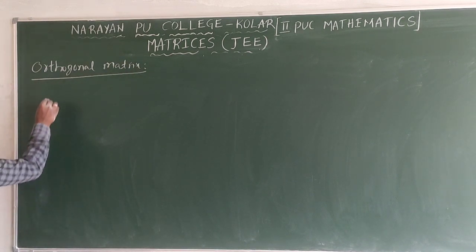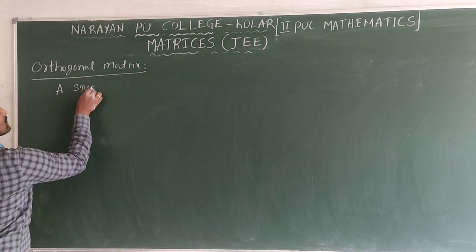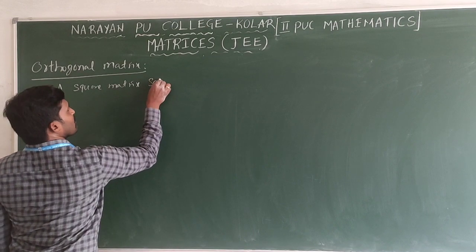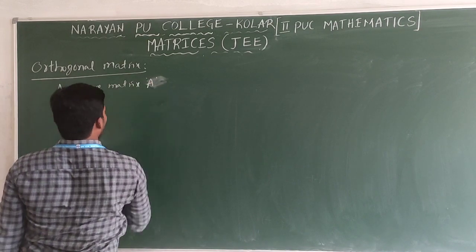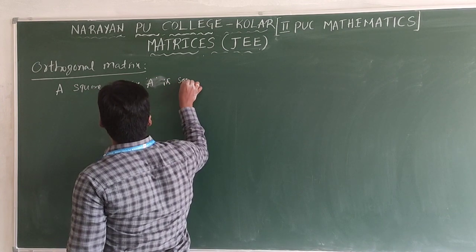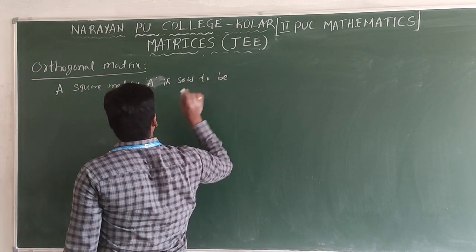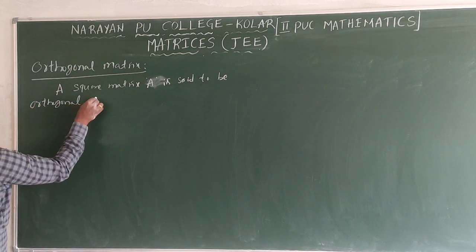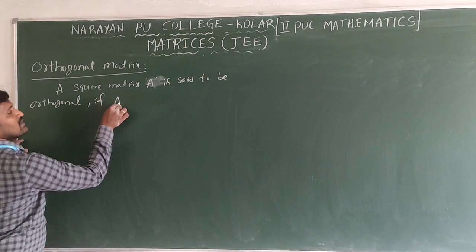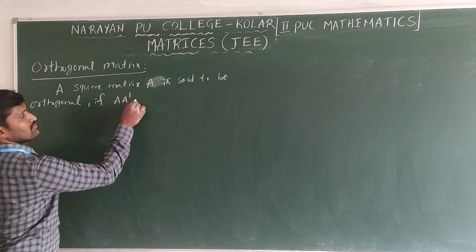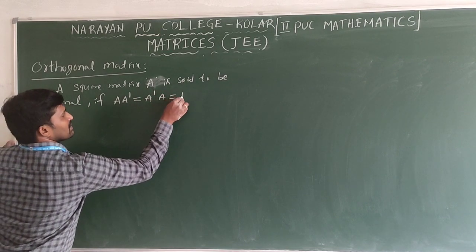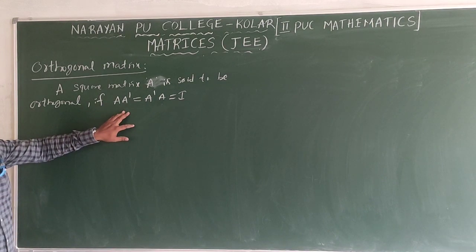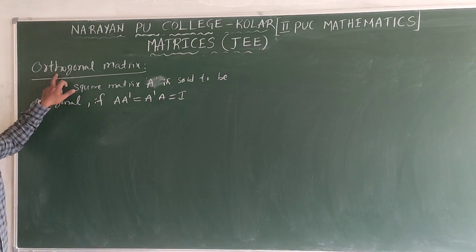A square matrix A is said to be orthogonal if A into A dash or A dash into A equals the identity matrix. When this condition is satisfied, that A matrix is called an orthogonal matrix.